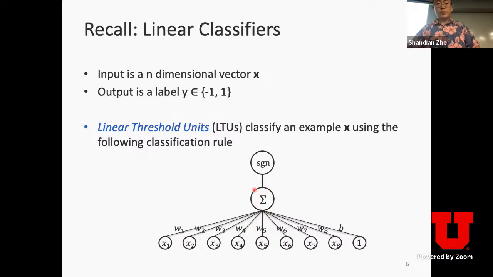This node just does the summation, and then you have this score. You put this score into a second unit, which gives you the label, either positive or negative. This is one way to graphically represent linear classifiers, and as we'll see later, this is often used to represent the basic unit of neural networks.